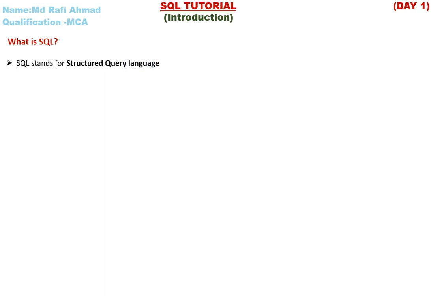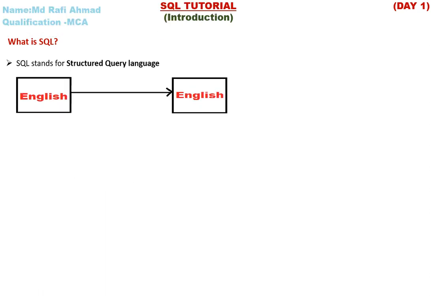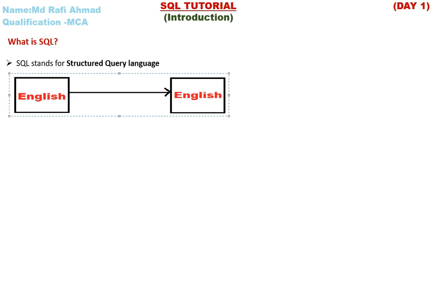Let me draw a diagram so that it will be very clear to you. Let's suppose you know English. English is a language, right? With English, you can talk with the person who knows English very well. Am I right?